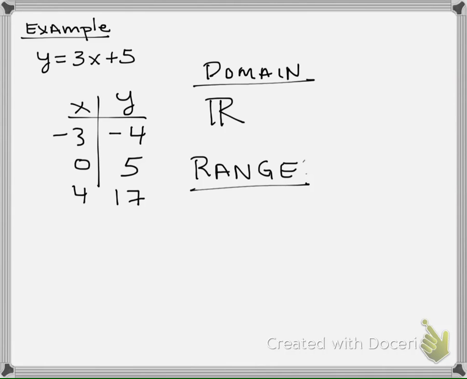I'm going to get numbers from positive infinity all the way to negative infinity. So again, I'm going to get all real numbers. So the solutions can either be positive or negative, and the values that I put in are also going to be positive or negative. Okay? Go ahead and attempt the classwork.